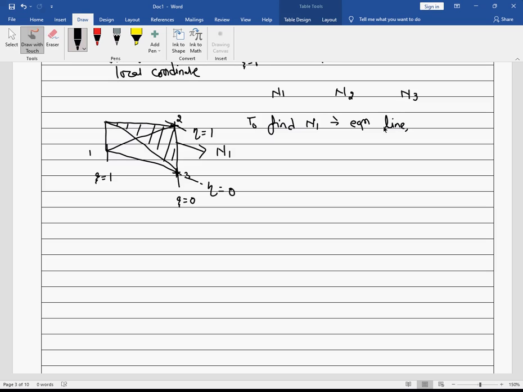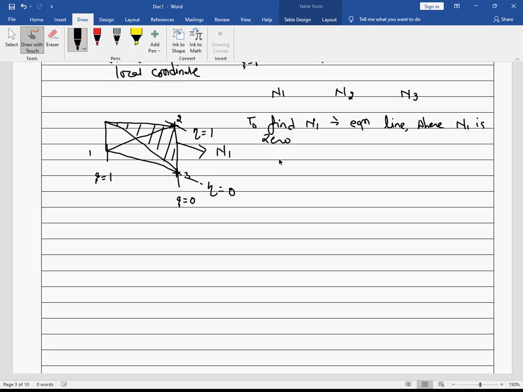The equation of the line where N1 is 0. Okay, in 1D we were using the equation of a point, but now to find N1 we have to use the equation of the line where N1 is 0.